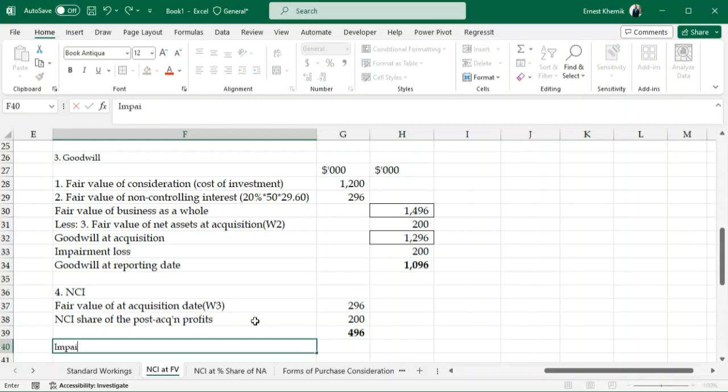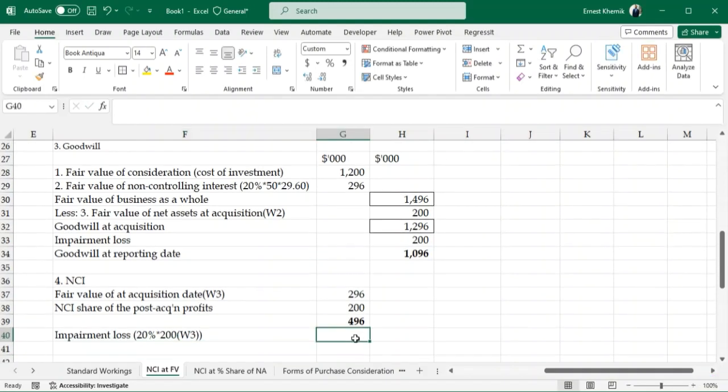So we'll have our impairment loss, and that is going to be the 20%. I'm doing this for understanding purposes. The 20% multiplied by 200, which we can find in working 3.